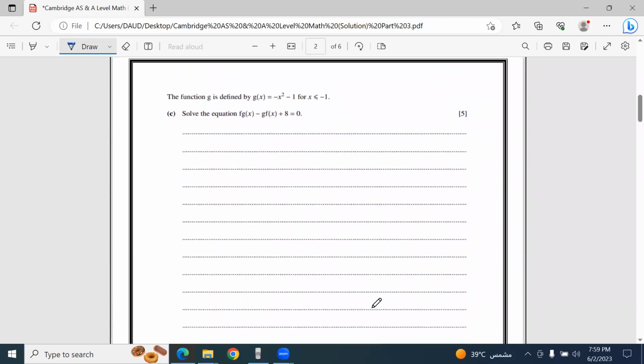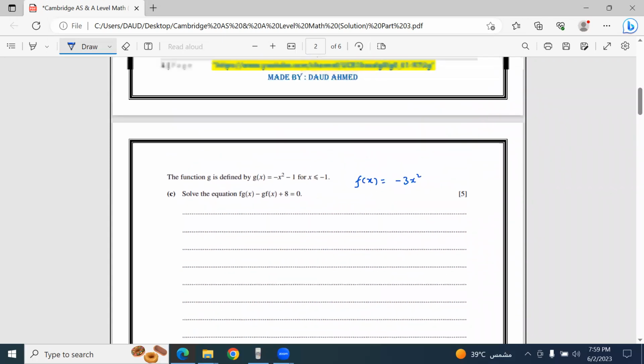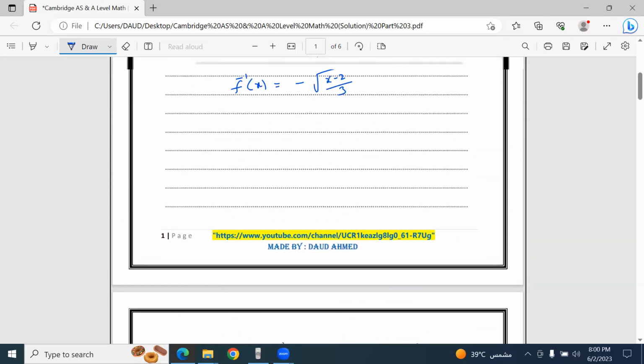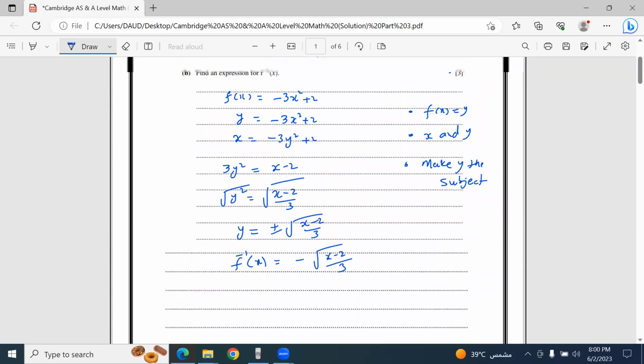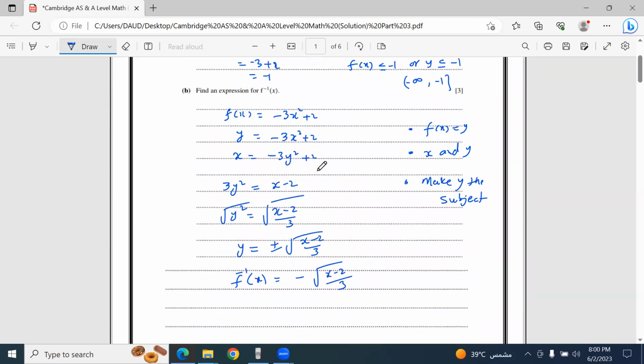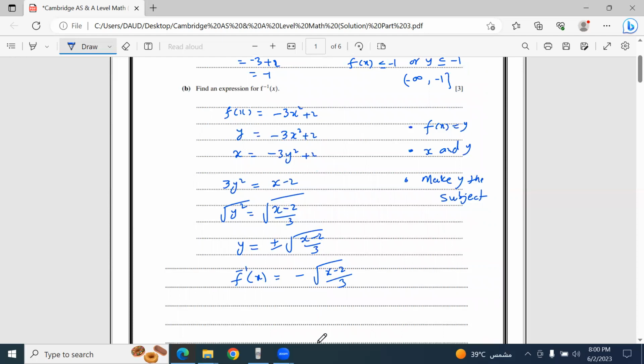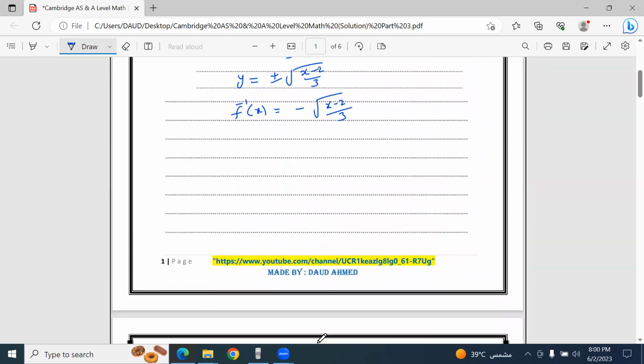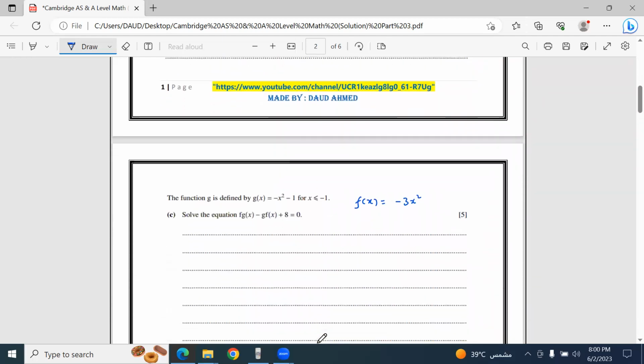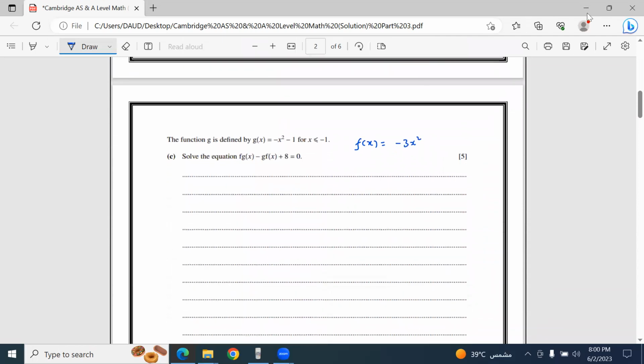Next, we have composite functions. If you check carefully, the function g is defined by g of x, and we need f of x also. So f of x is equal to minus 3x squared plus 2. A function followed by another function is called a composite function.